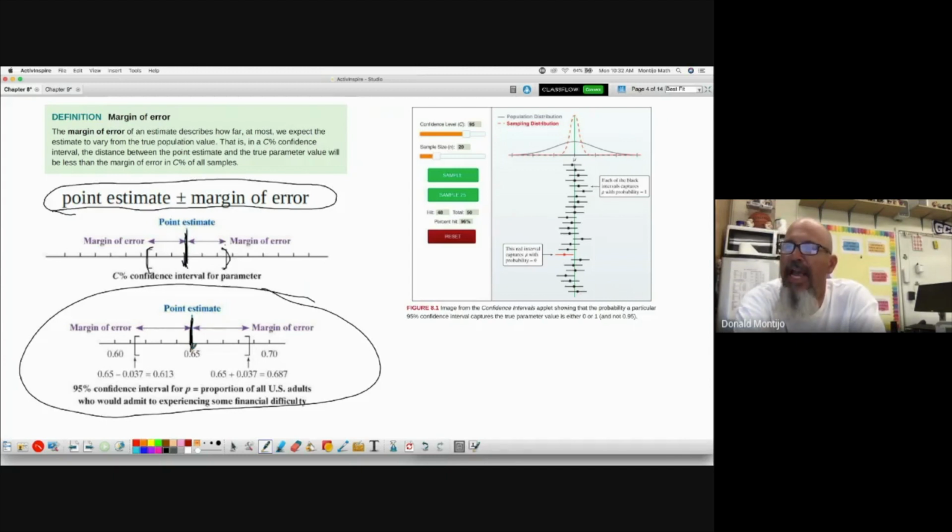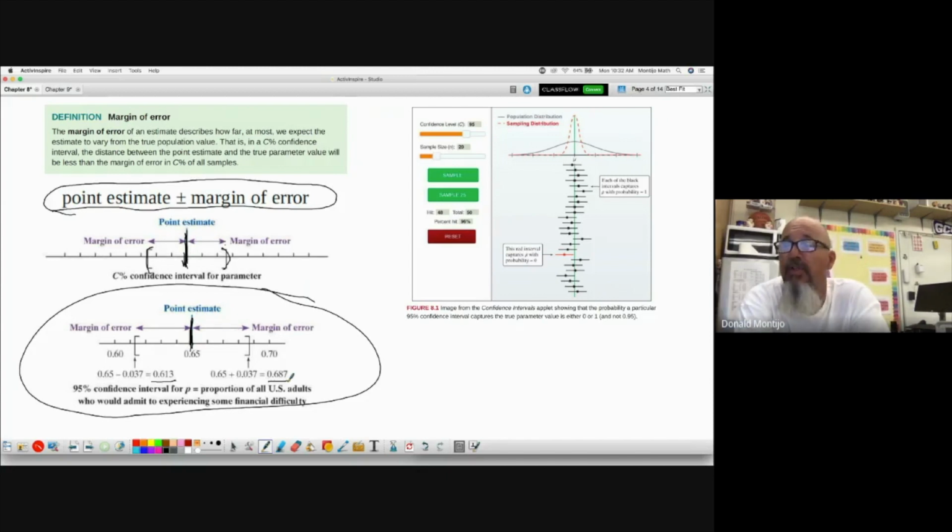So they are 95% confident that the true proportion of US adults who are having some financial difficulty is between 61.3% and 68.7%. We used a method that would capture the true proportion of all US adults experiencing some sort of financial difficulty 95% of the time.